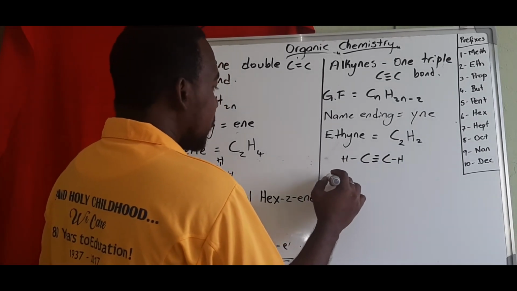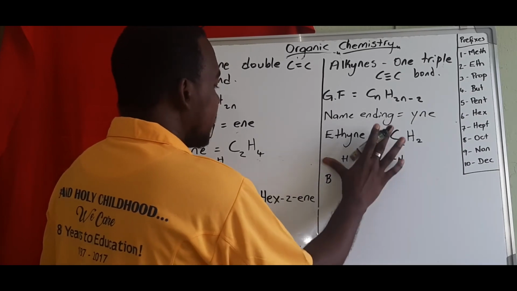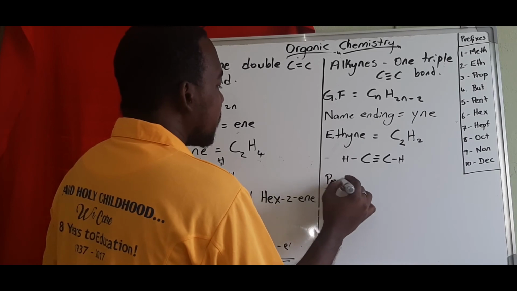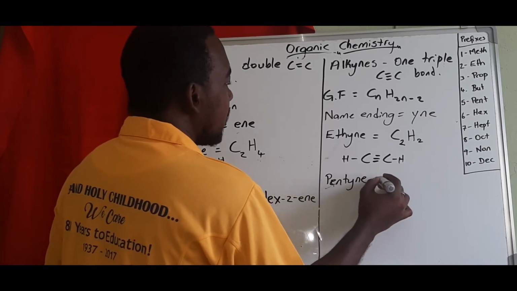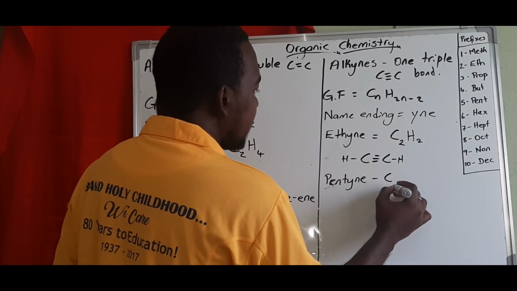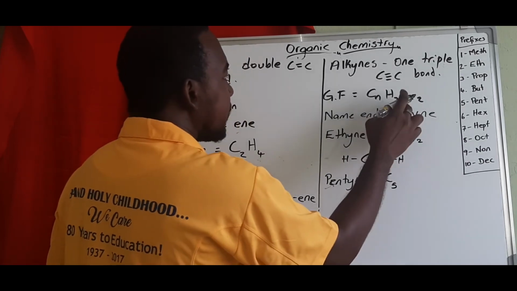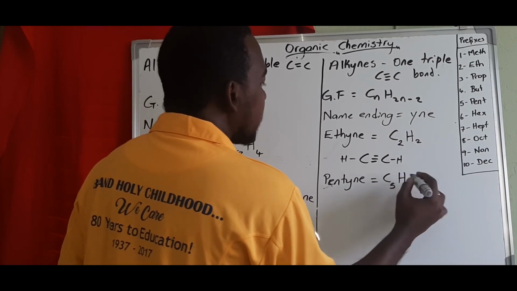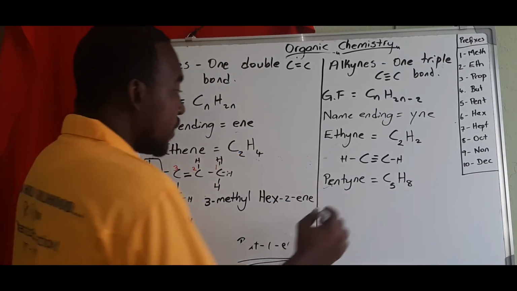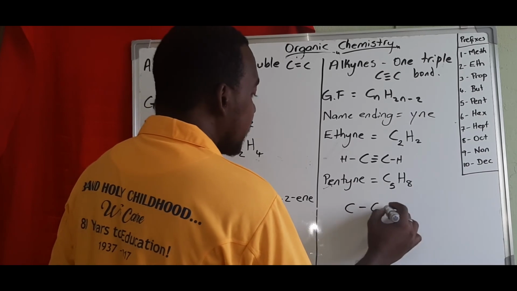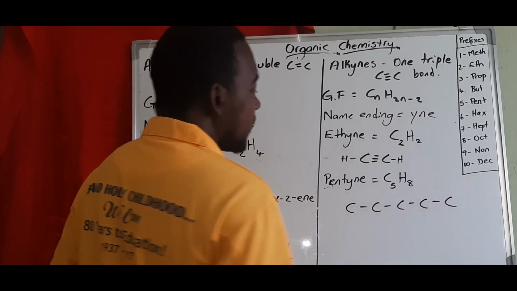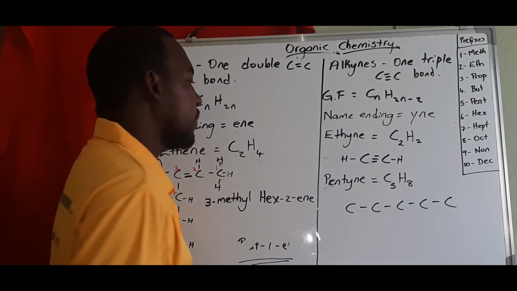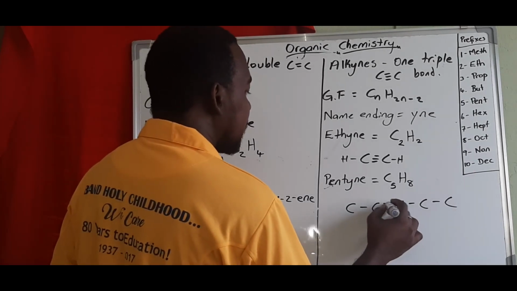Alright, let's go to the next one. Let's use pent, since we used but before. So we go pentyne, which is 5, so that's C5. 5 times 2 is 10, minus 2, which is 8. So we draw C, C, C, C, C, that's 5 C's. Remember, one of these needs to be a triple bond. Let's put it right there.